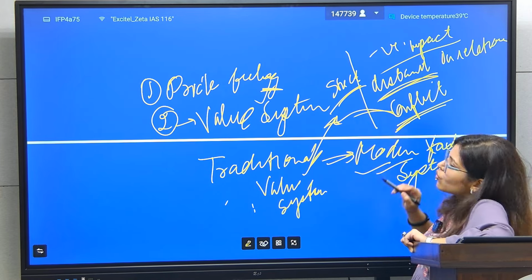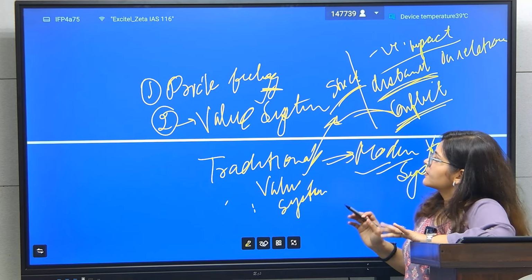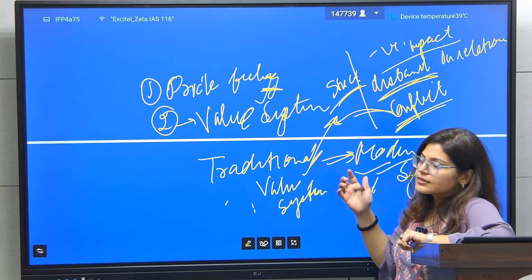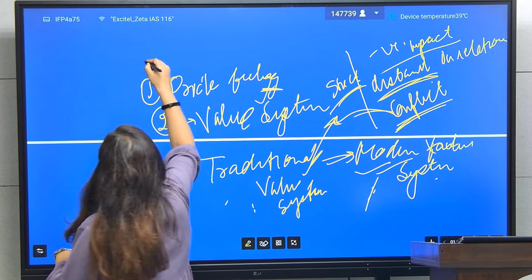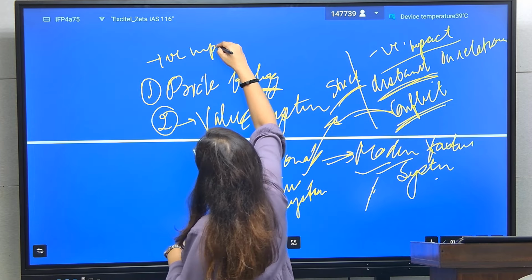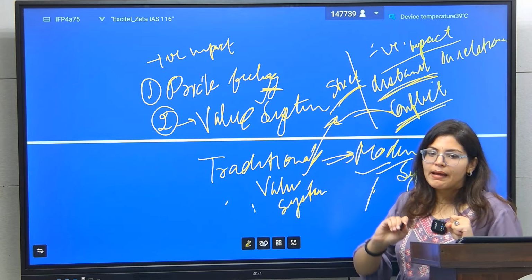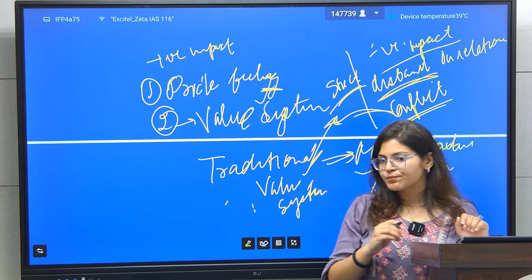So there is also conflict between the parents and the women. This is the positive impact on relationship with family, and there is also a negative impact on relationship with family.